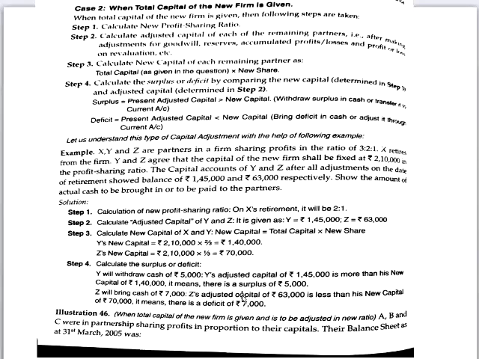So this is the excess amount, and it is to be withdrawn by Y. In the case of Z, he has to bring cash of 7,000, because his adjusted capital is 63,000 and the new capital is 70,000. So there is a deficit of 7,000, so he will bring in cash. So these are the four steps followed for the adjustment relating to Case 2.